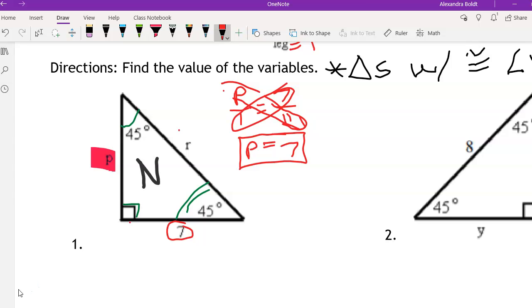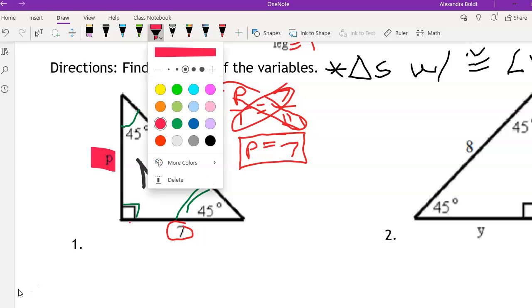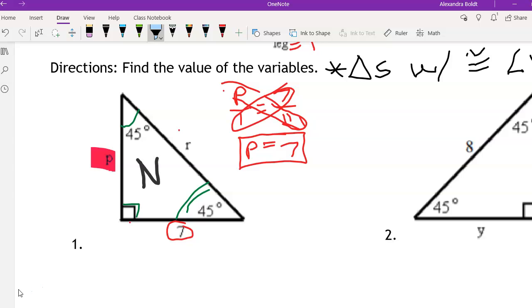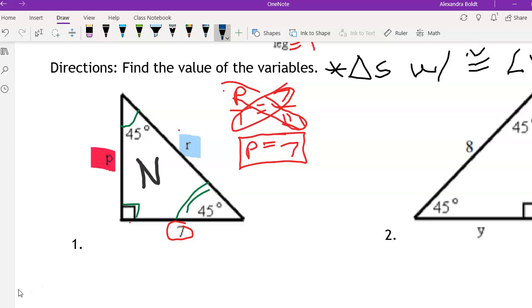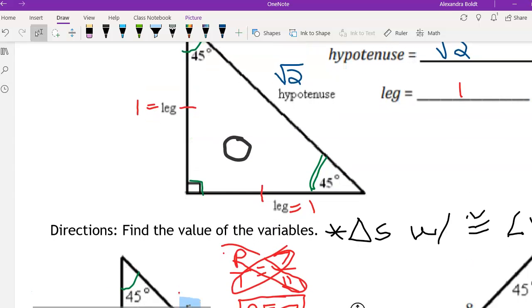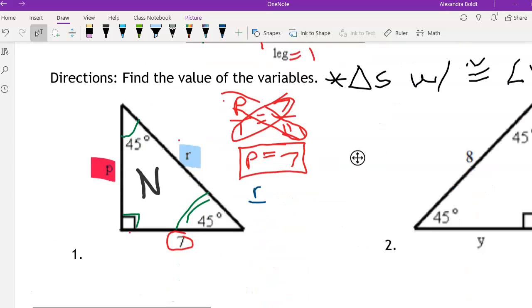Okay, now we have to do the same idea, but for R. So I have R over, well, if I look, R is the hypotenuse. It's between 45 degrees and 45 degrees. And here I have square root 2.